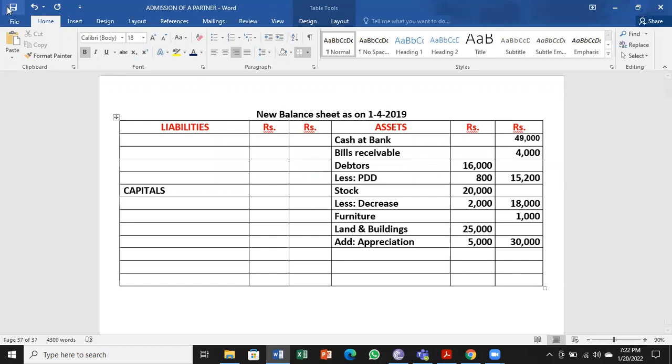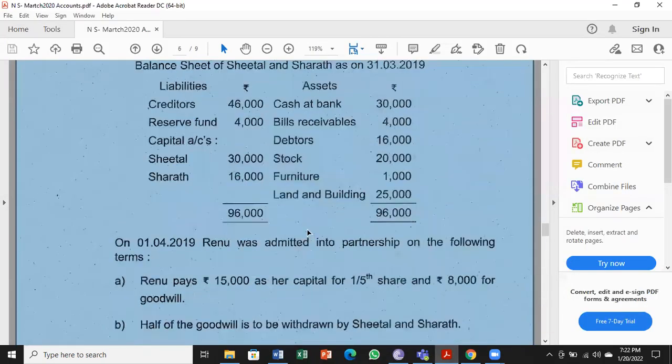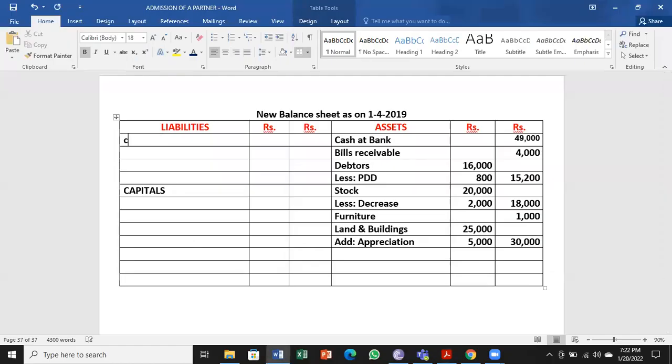That is 5,000. So the outer column amount after addition becomes 30,000. So asset side all are done. Come to the liabilities side. First one is creditors. We have an adjustment for creditors. So the amount of balance sheet creditors to be in the inner column.